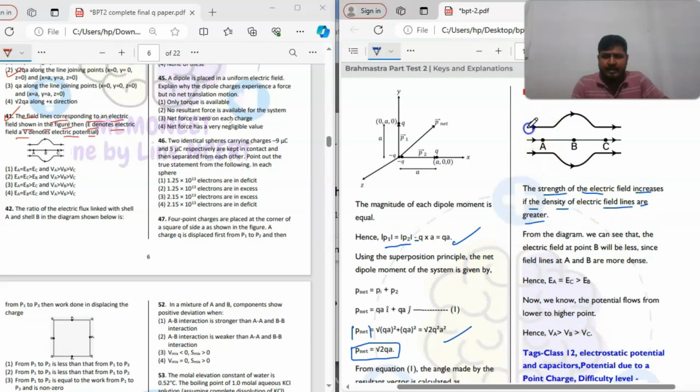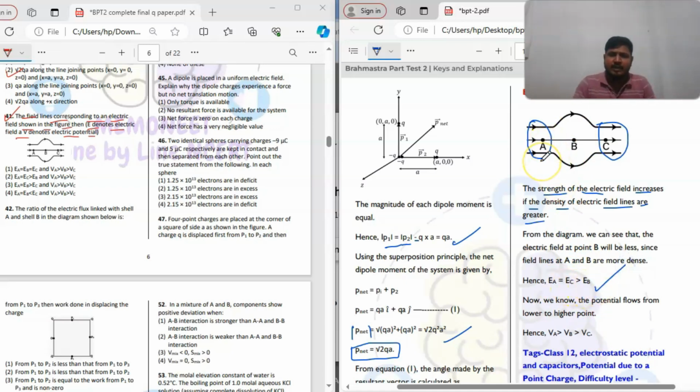What we have observed at this point and this point is that the density of electric lines of force is equal, but here it is not equal. So the electric field at A and at C are equal, and at B the density of field lines is less. That's why EA is equal to EC and greater than EB.